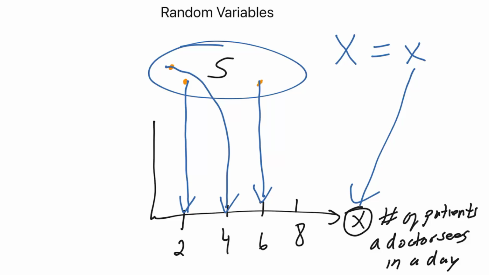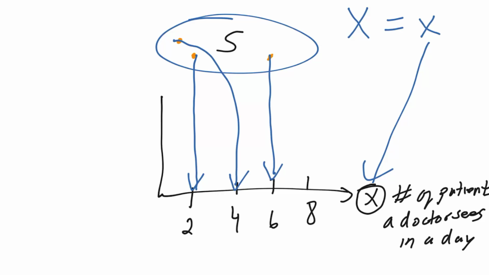That's the number of patients a doctor sees in a day in this case, and that's our discrete random variable. The values of that thing being measured, the actual number of patients, the numerical values, are going to be the little x. So the utility of a random variable is that it's essentially a function that maps, or associates, or connects, whichever word you prefer, an outcome to an actual numerical value.